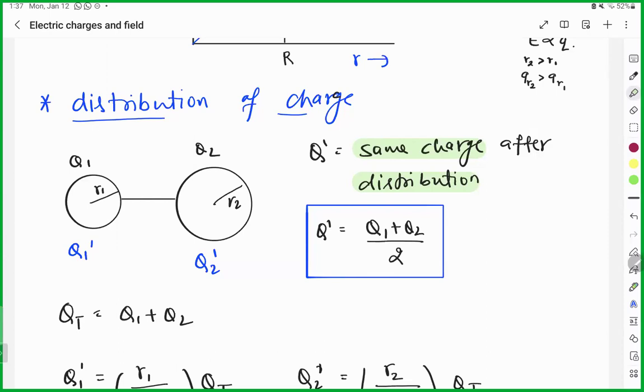So guys, what I was trying to convey even in Coulomb's law, that if you take initial charge Q1 and another charge Q2, total charge is Q1 plus Q2. Even after distribution, the total amount of charge will remain the same. Q1 dash will be equal to Q2 dash. Do you remember we did the same thing in Coulomb's law? Yes or no?